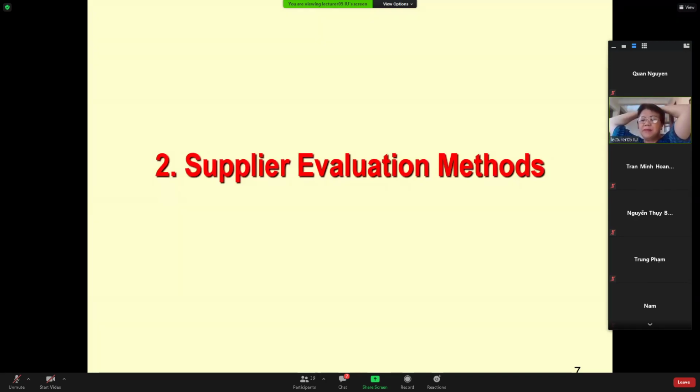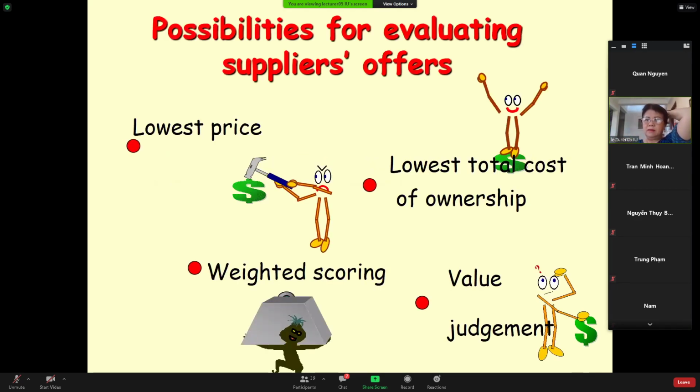Supplier evaluation method. Evaluating a supplier offer, whether it is cost driven, and here you have to consider the total cost of ownership.